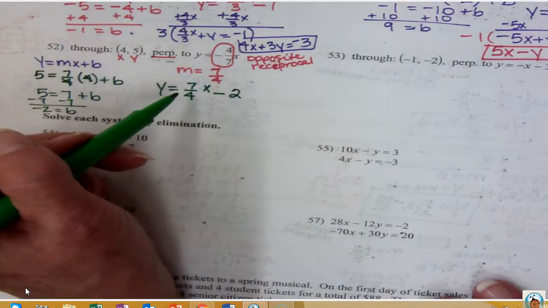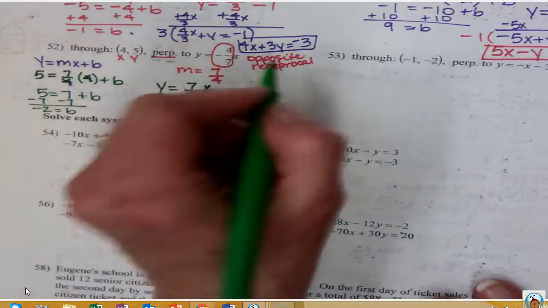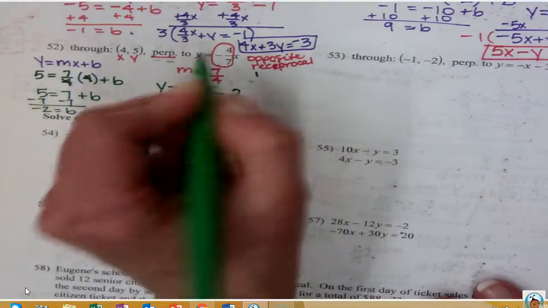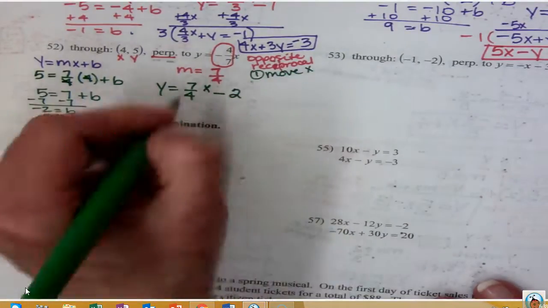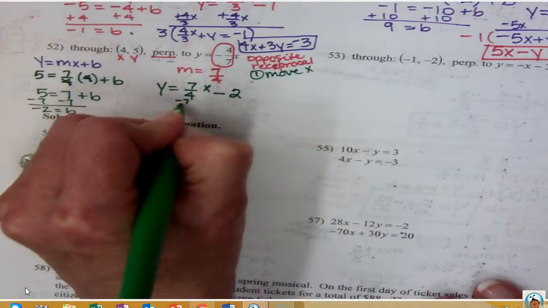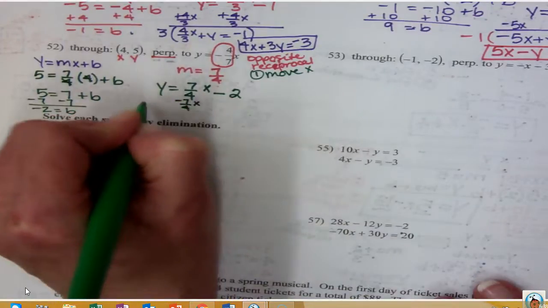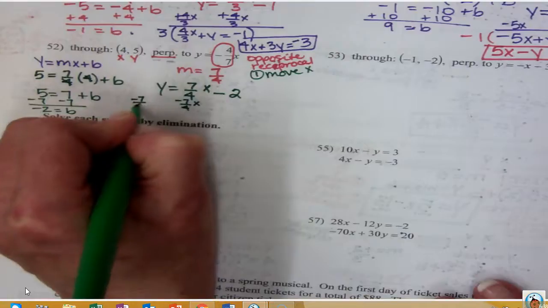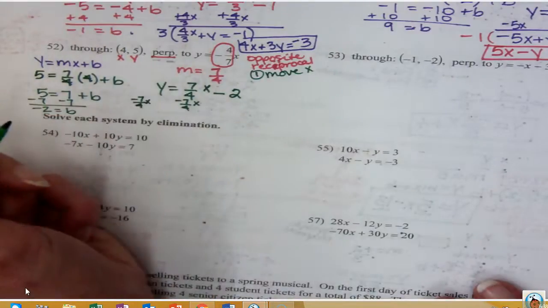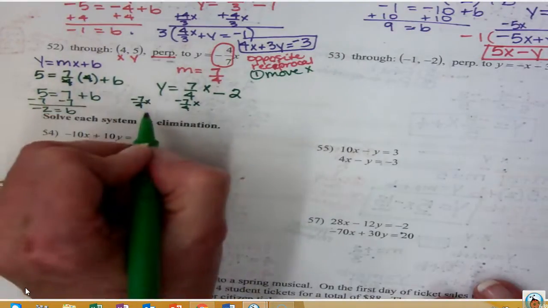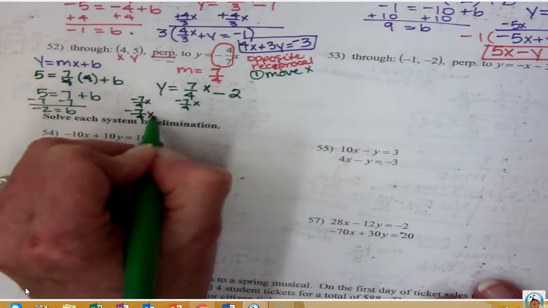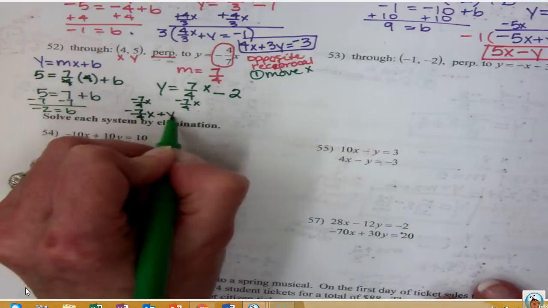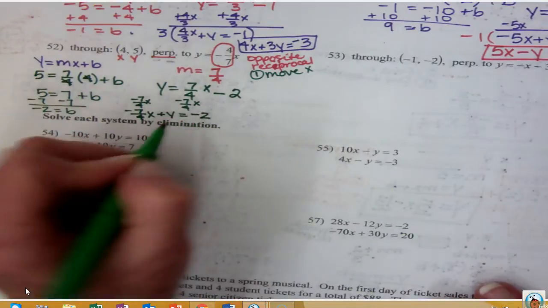The first thing I need to do to convert into standard form is to move the x. So I'm going to subtract 7/4x from both sides, and I'm going to take my x along with me. I got to move that with me. So I'm going to get -7/4x plus y equals -2.